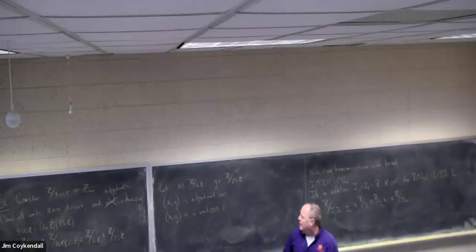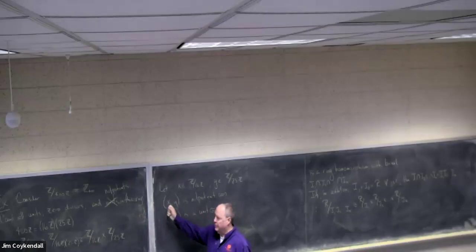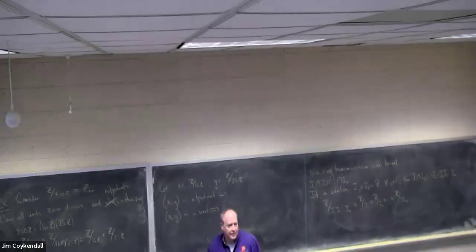So I'm going to write an element of Z mod 400 as an ordered pair, one from Z mod 16, one from Z mod 25. I claim that the ordered pair (x, y) is nilpotent if and only if, anybody want to give me a good guess on how I can tell if it's nilpotent?